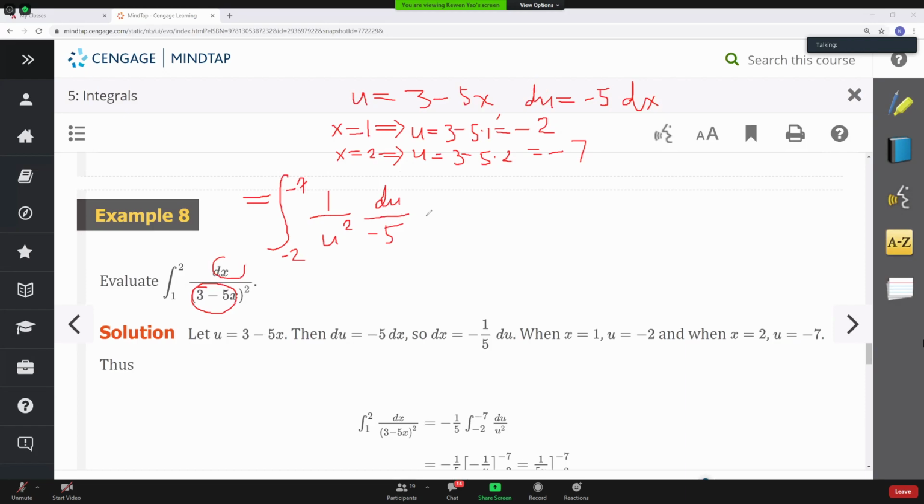Now this is a scalar, put it outside: -1/5, from -2 to -7, sorry. All right, this is what? u to the -2.